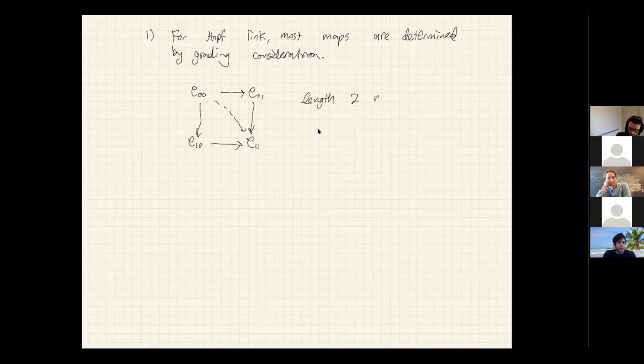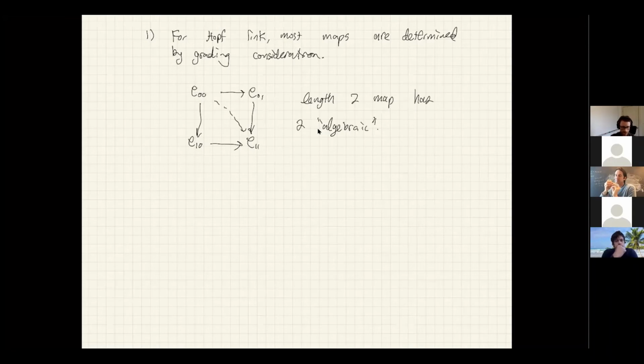The length 2 map has two algebraic choices. As I mentioned, it's pretty hard to actually compute holomorphic polygons. One could presumably do it for this case, but in practice it is fairly tedious, even for the Hopf link.